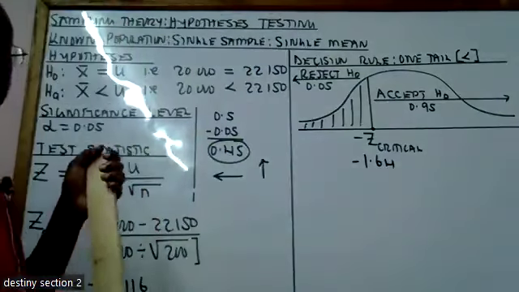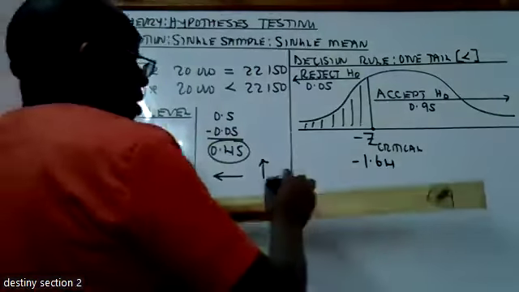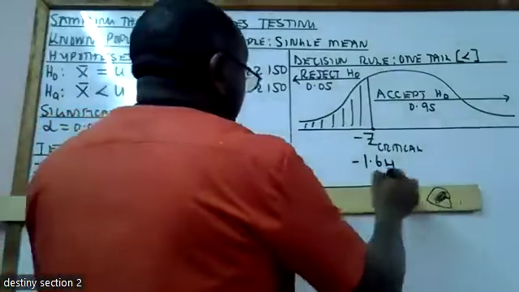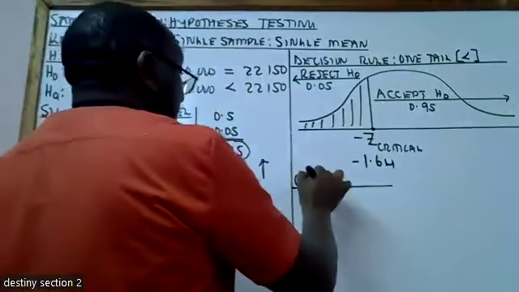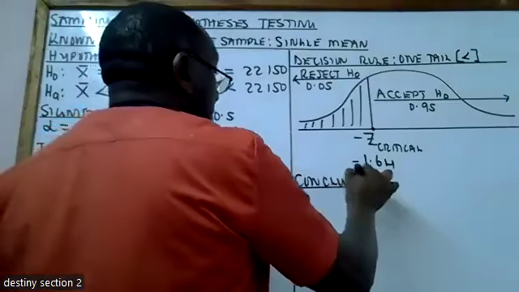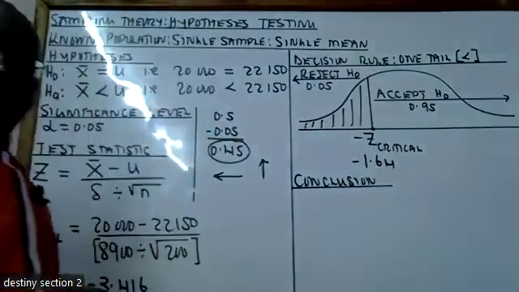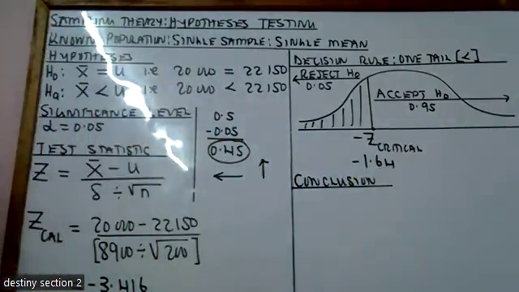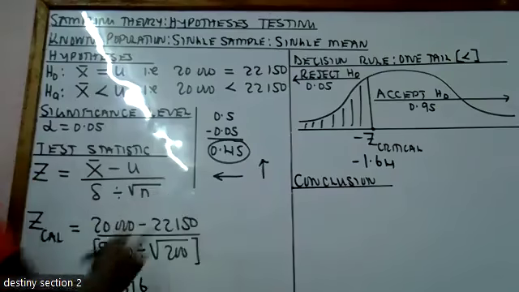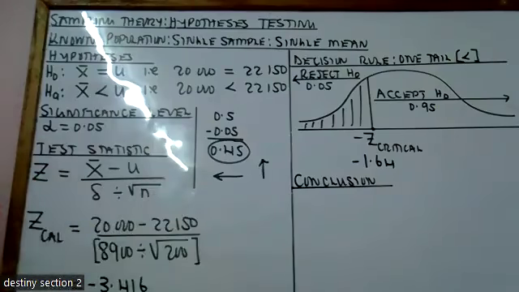So if that is 1.64, we proceed and make the conclusion. Here, it is on the lower side.